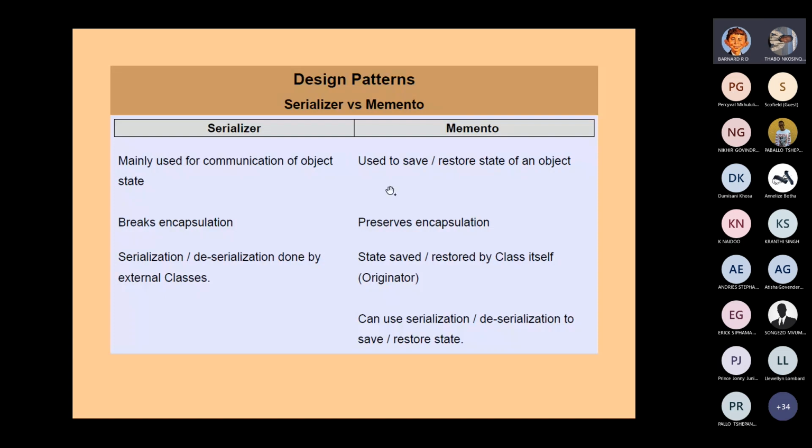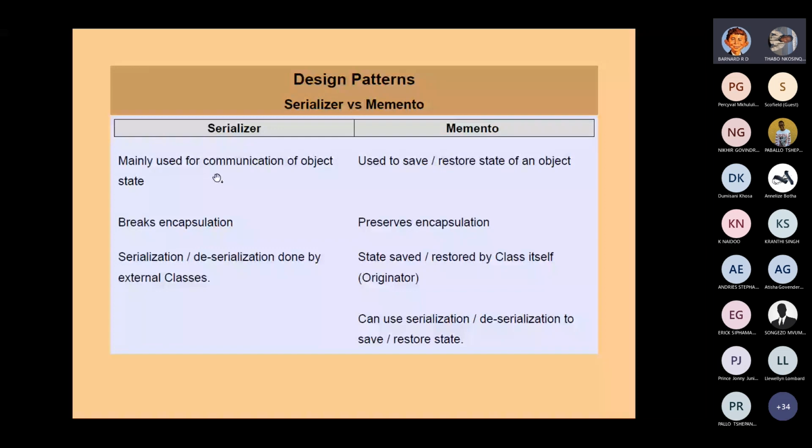And this saving and restoring, more often than not, is done in memory, although I suppose it could be written to file if necessary, if you're using large amounts of data. But don't confuse the serializer and the memento, and don't get the idea that the serializer is used for backing up just because we've done examples with reading and writing to files. That was just to give us somewhere to communicate to.